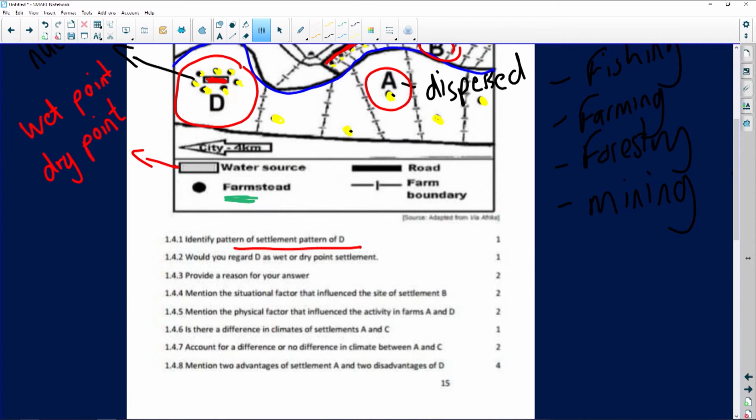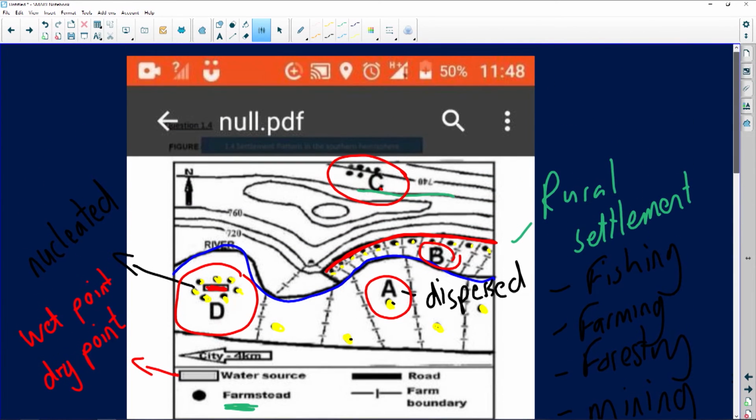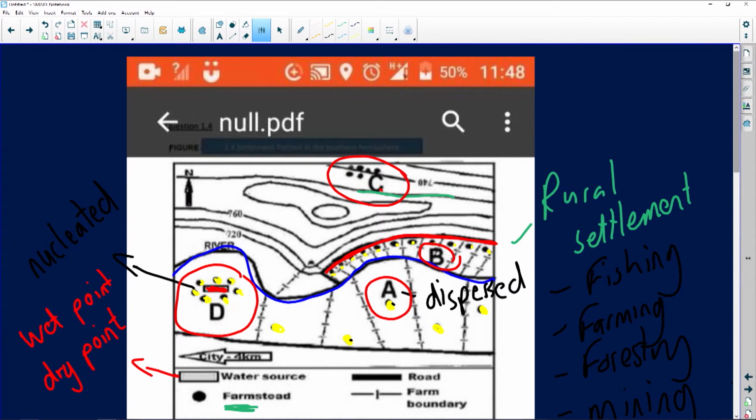If we quickly look at our next question, would you regard D a wet or a dry point settlement? Now, once again, we've answered this question by just looking at the diagram. D, as you can see, the settlement surrounds a water resource. Now, which is it? Is it a wet point or a dry point? Definitely a wet point settlement, because they gather around a water resource such as a borehole or a dam.